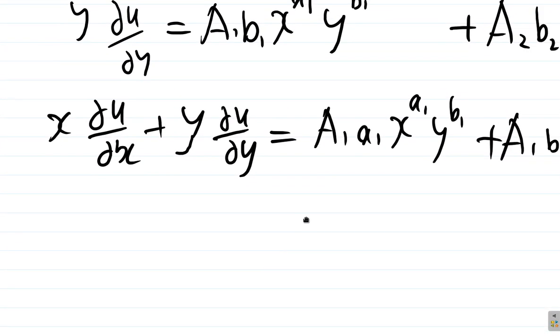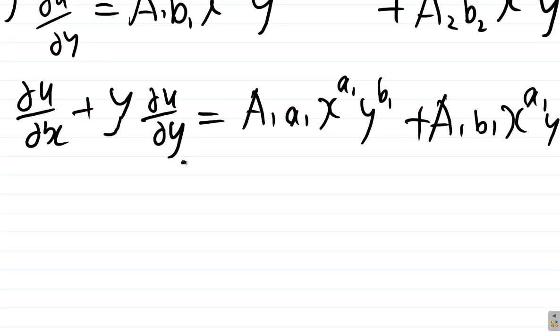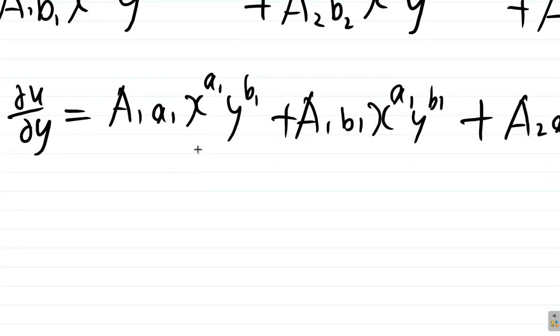now here what's going to happen? You see this plus this, we have a common factor, you know? We have a set of common factors. a1 occurs in both, x to the a1 y to the b1, so let's factor that out.